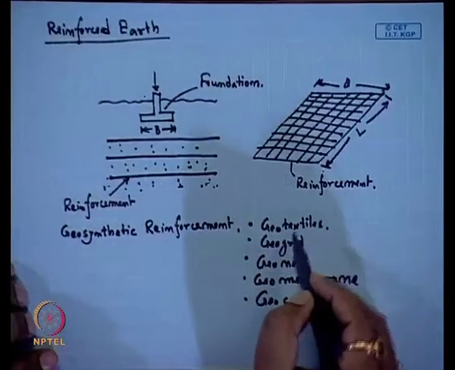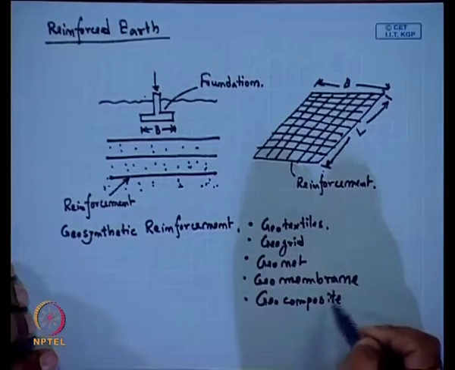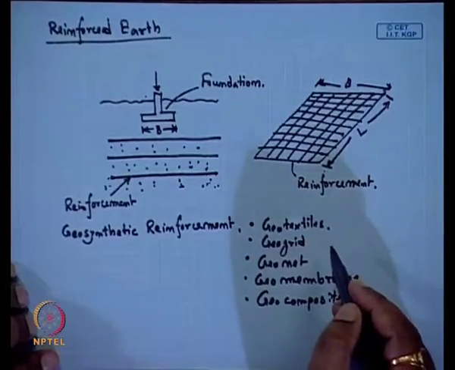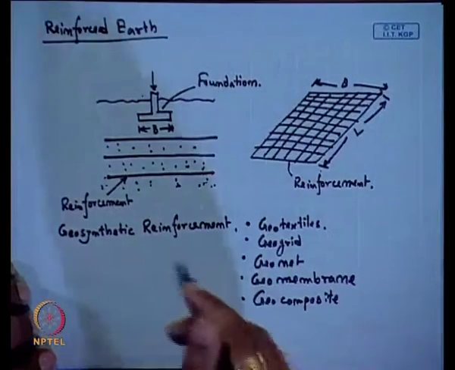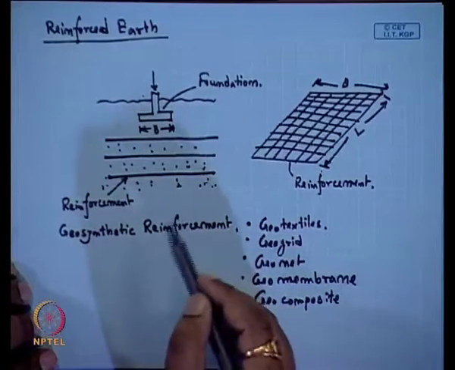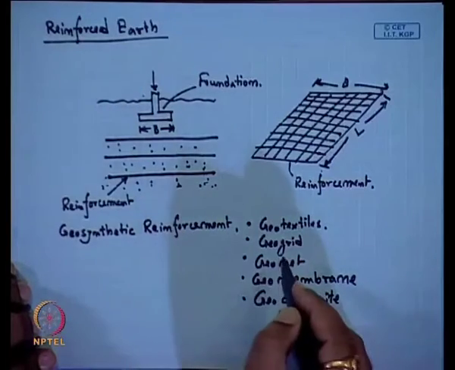And again we are talking about geotextile, geogrid, geonet, geomembrane and geocomposite. These are basically used for different purposes. We are talking about geosynthetic being suitable for bearing capacity improvement, but that is not the only purpose of geosynthetic.